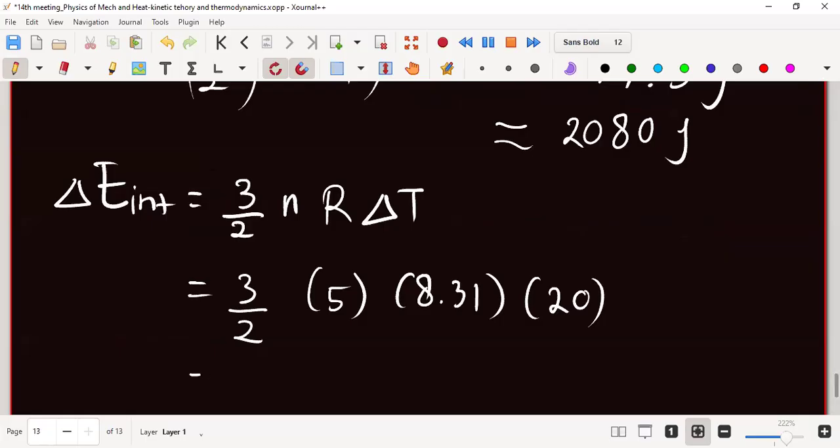We'll get the internal energy increment is 1246.5 joules, or we can simplify as 1250 joules.